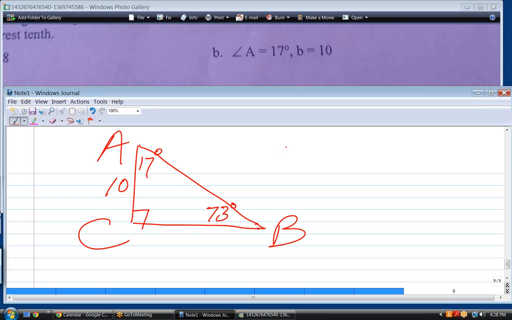It would be cosine. Of what? Remember, you always take trig functions of angles. Okay, so 17.